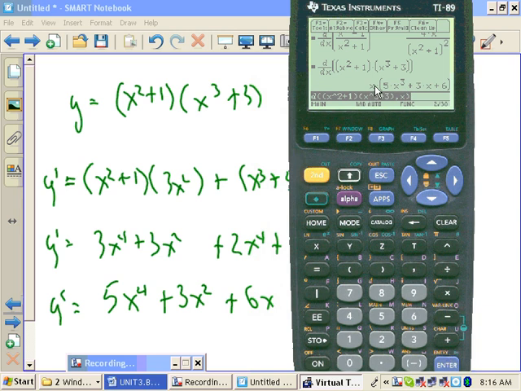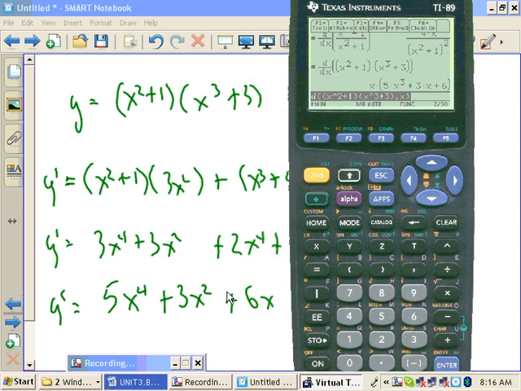Well, it factored the x out, but there it is. Simplest form is factored form, and that's all there is to that. Was that terrible? That was not terrible.